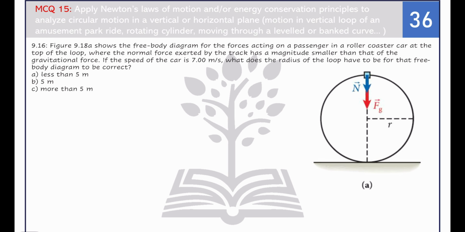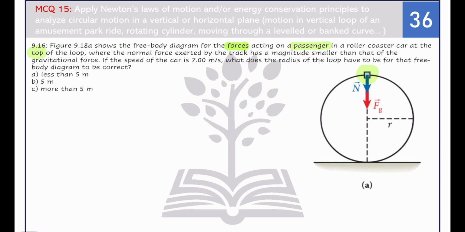What is the question, guys? Just read carefully, this is something very interesting. The figure shows the free body diagram for the forces acting on a passenger in a roller coaster car at the top of the loop. What is the position?